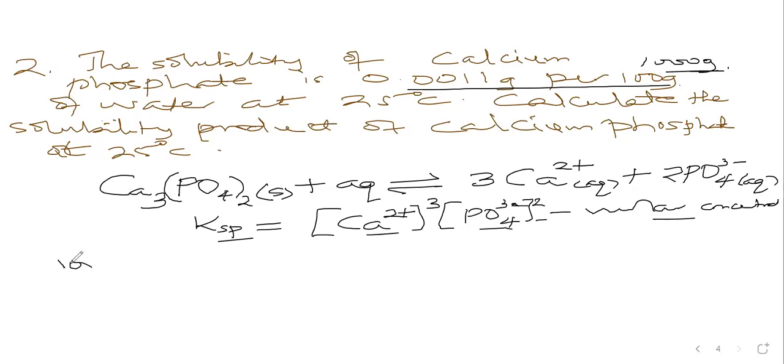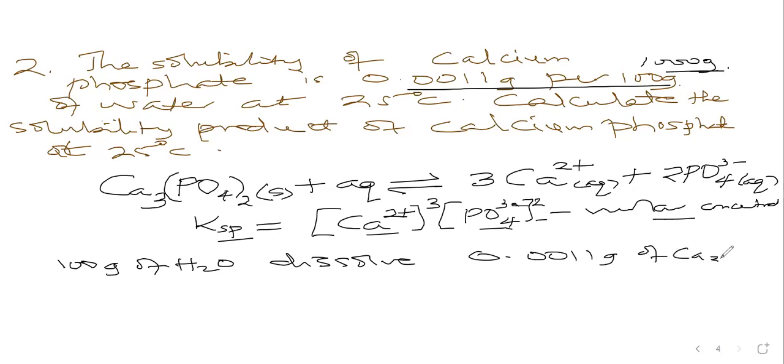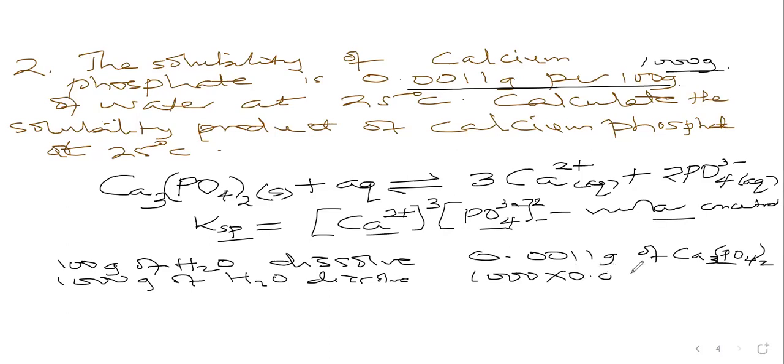So we shall say 100 grams of water dissolve 0.0011 grams of calcium phosphate. How about 1,000 grams? 1,000 grams of water dissolve 1,000 times 0.0011 over 100.